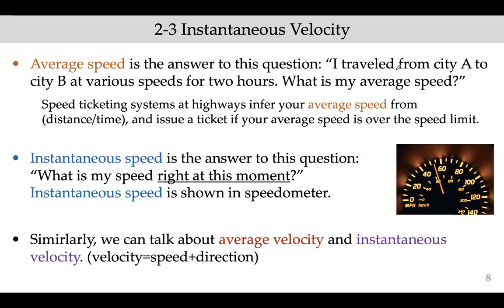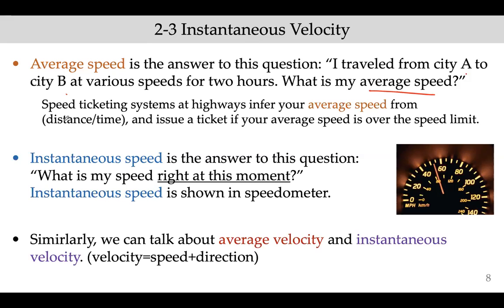Let's say I traveled from city A to city B at various speeds for 2 hours. What is my average speed? So basically, you travel from A to B, and let's say you are driving, throughout the travel you were driving at different speeds. You are slowing down sometimes, you are speeding up. But the question is, what is the average speed? So you can take the average.